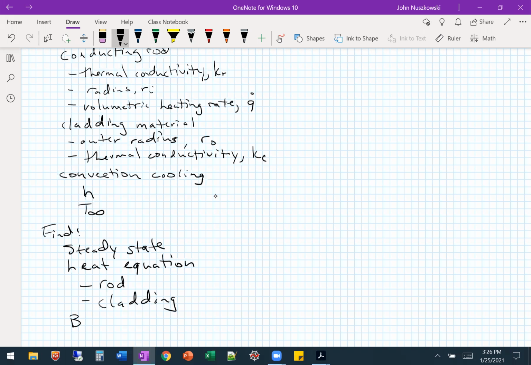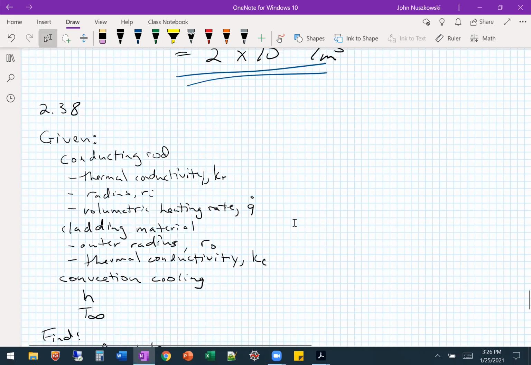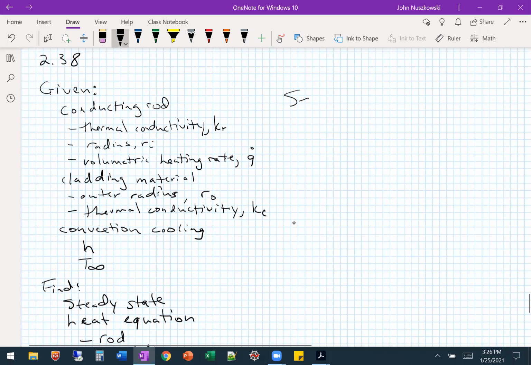So then also boundary conditions. So, schematic.